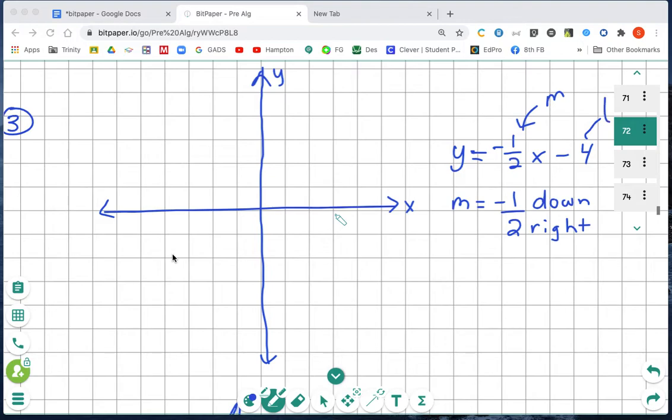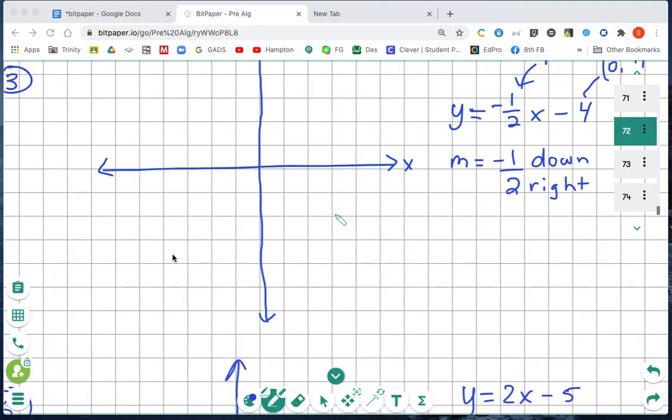So our starting point b, our y-intercept, is (0, -4). So we're going to go ahead and find our starting point. So our starting point is going to be (0, -4).